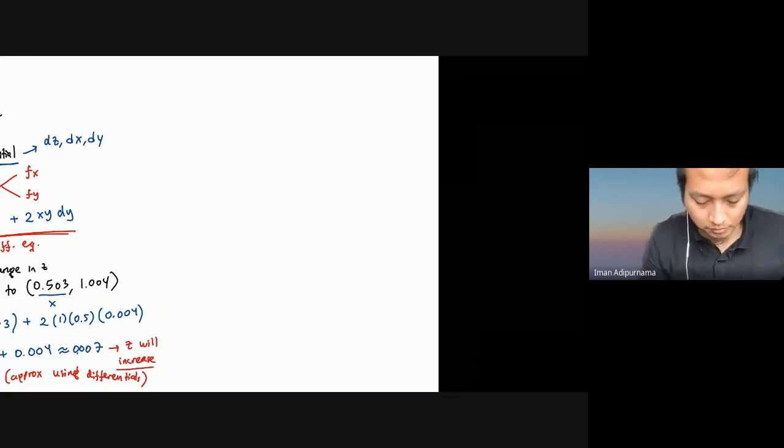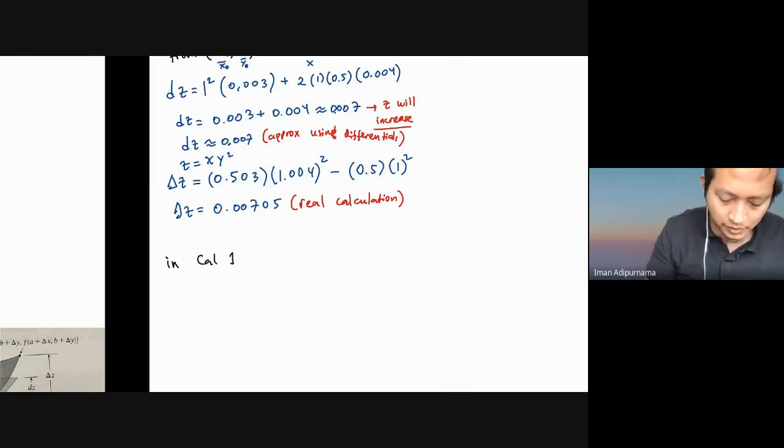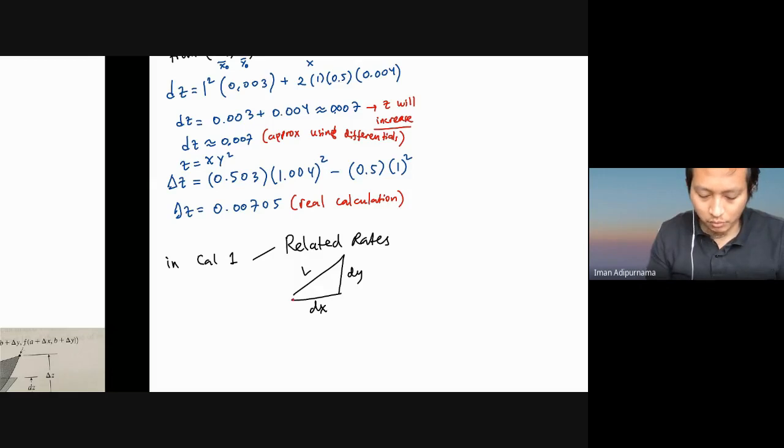So let me write maybe here first. I hope you still remember that in calculus 1 we have related rates, right? We have the triangle problem. This is L, maybe this is dy, dx, and maybe one is moving here, one is moving in there, and how are they going to meet, and at what points, blah blah blah. Right?